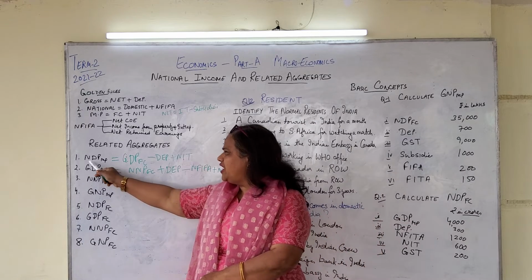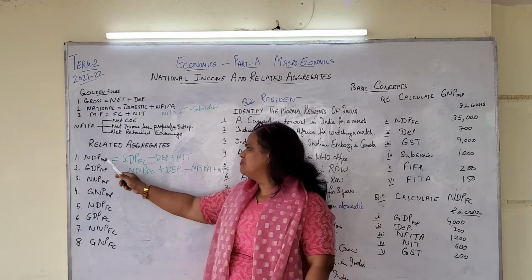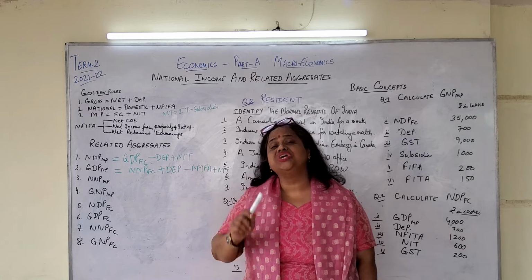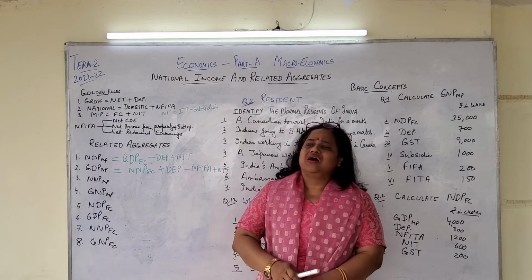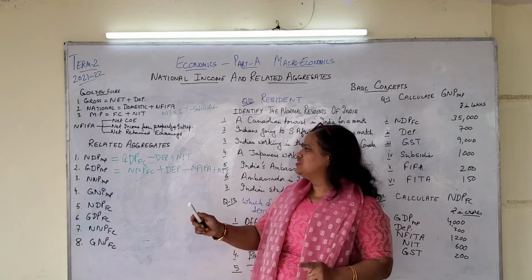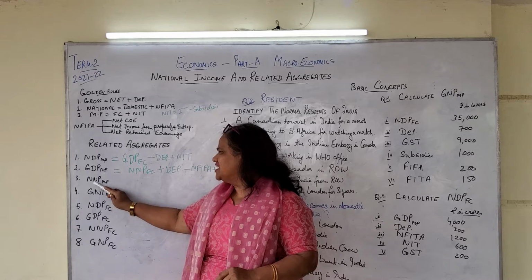So how do you define NDP at MP? You have to exclude depreciation. So it is defined as the money value of all goods and services produced within the domestic territory, exclusive of depreciation. Now, what is the difference between domestic and national?